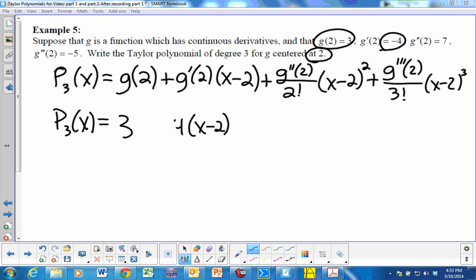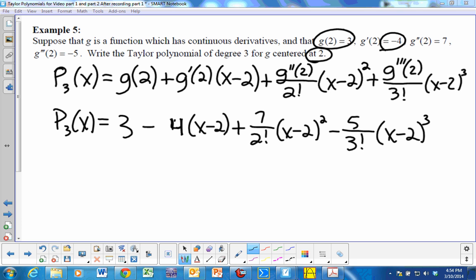If you want to, you could just write minus 4 times x minus 2, plus g double prime of 2 is 7, so 7 over 2 factorial times x minus 2 squared, plus g triple prime at 2 is negative 5, so I'll just write minus 5 over 3 factorial times x minus 2 cubed. So it really follows patterns, really pay attention to that, and it's really easy to do.